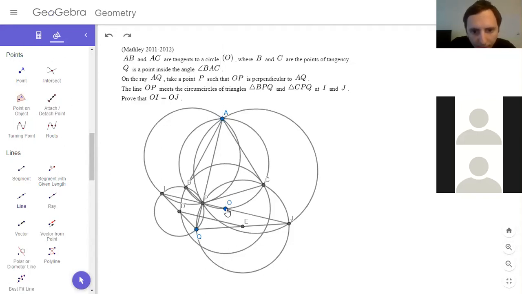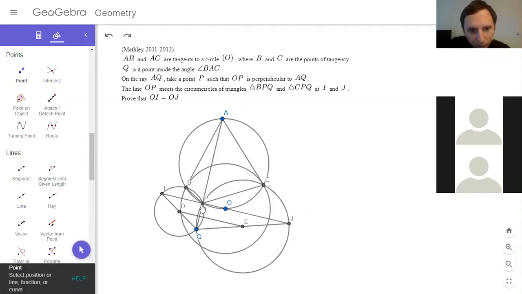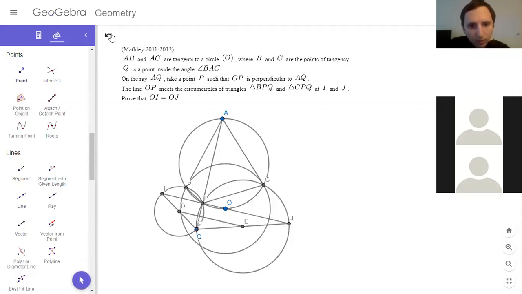Not really. So we want to show AO is the median of this triangle.